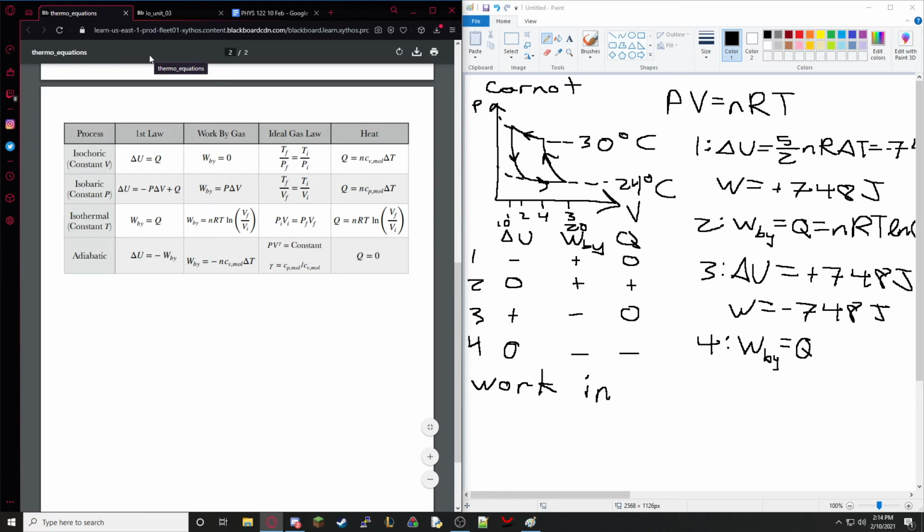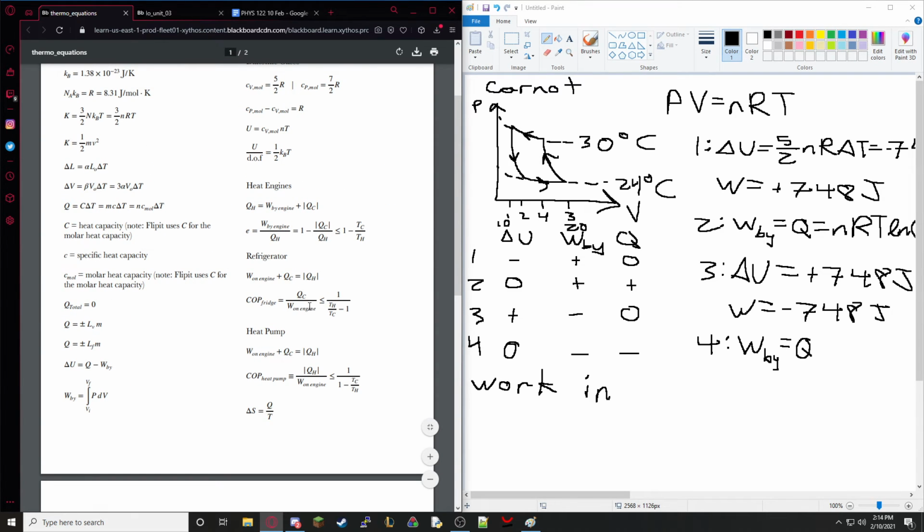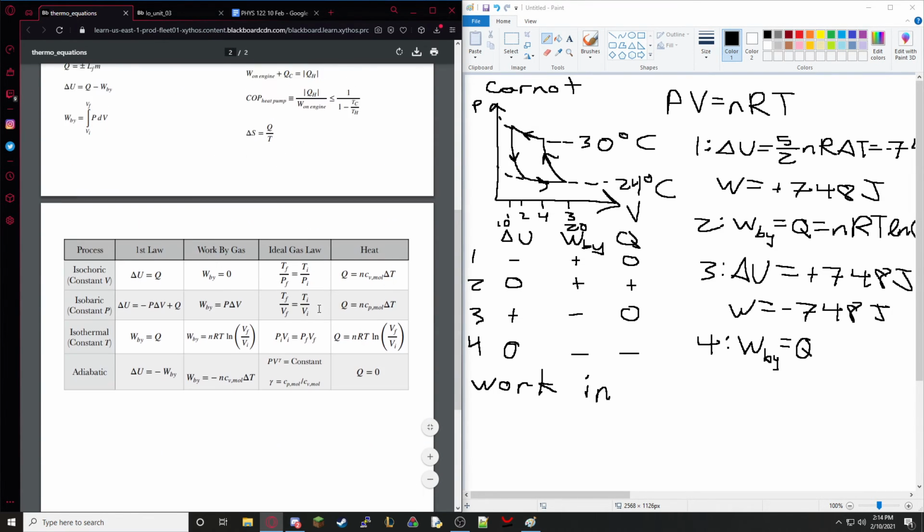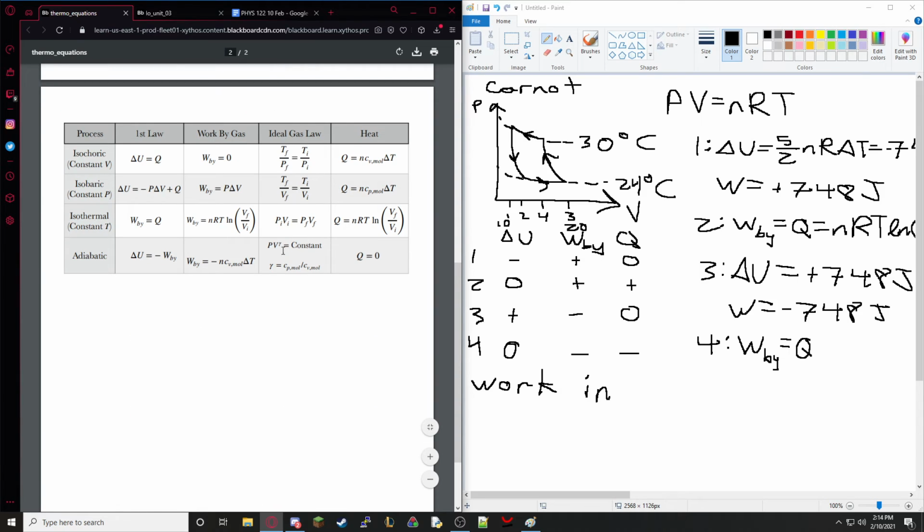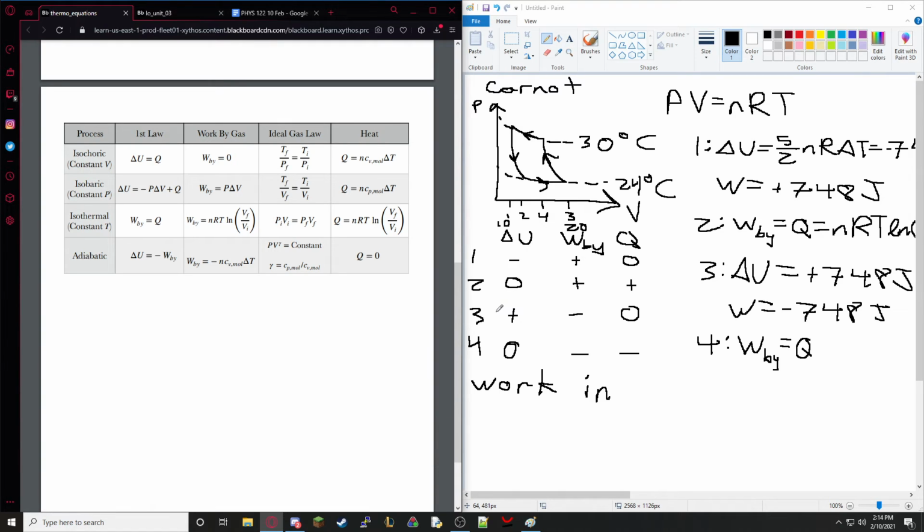So has anyone seen this PV to the gamma constant before? I know he doesn't cover it too much in the class, but does anyone know how we would be able to use it to calculate our V2 and V4?